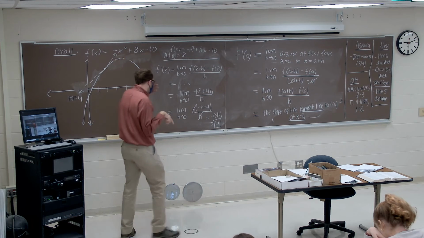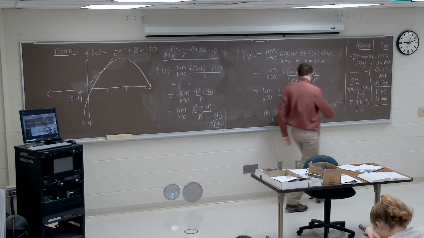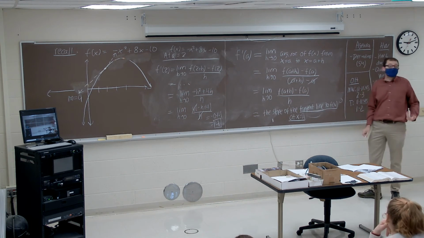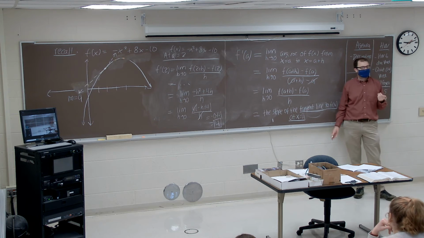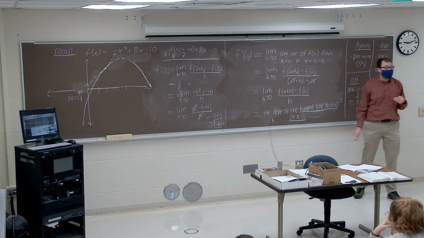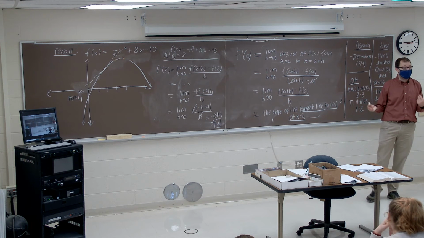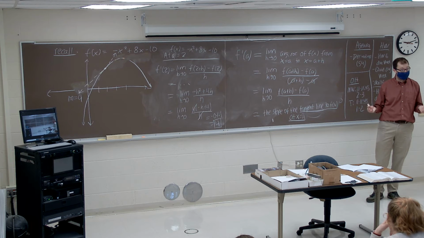But ultimately, what this tangent line is going to tell us in about 8 standards or so from now is a lot of important information about how our function f of x is going to behave.